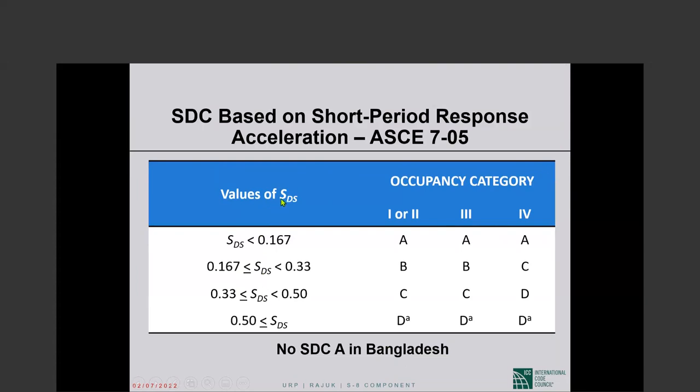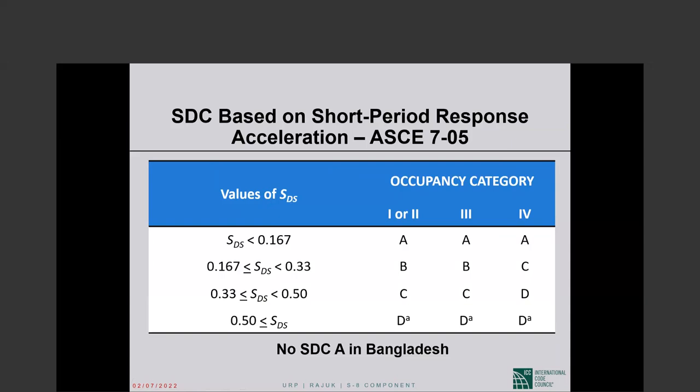S sub DS, I remind you, is soil modified ground motion. So the ground motion is here, but the soil is also here. The seismic design category is a function of three things. The table gives you design categories A through D.